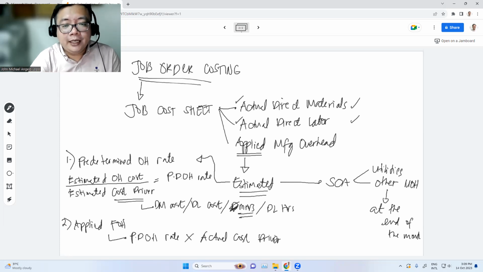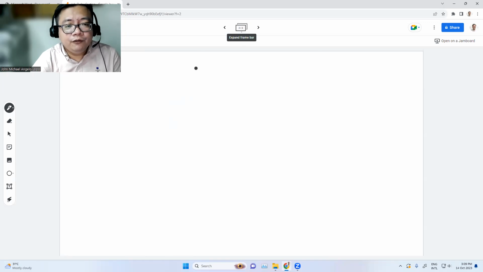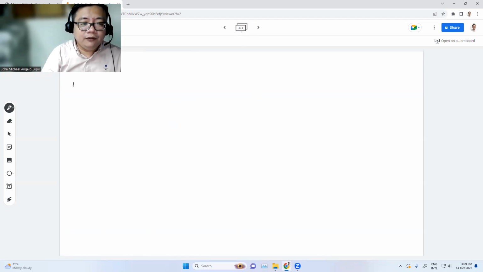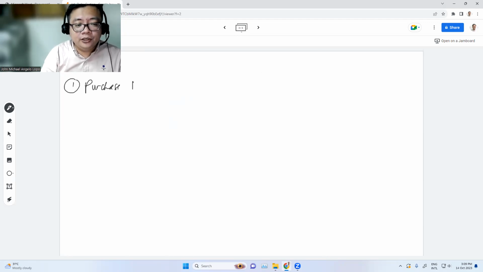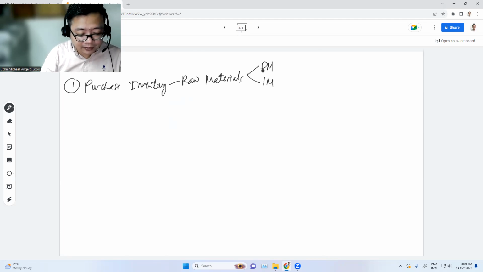Sige, one by one tayo. Number one, what if you will purchase your inventory? Ibig sabihin, tinatawag tong raw materials. So, what is the entry for this? Sabihin natin class, pag raw materials, kasama dito yung direct materials and also your indirect materials.